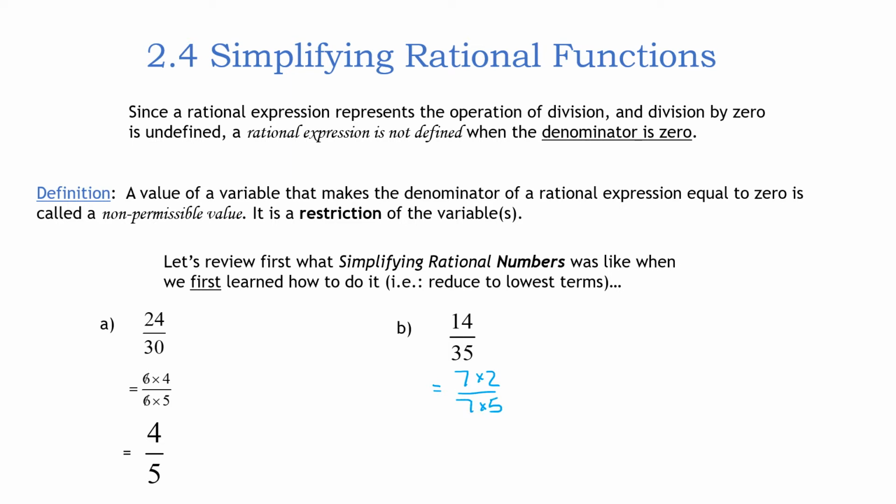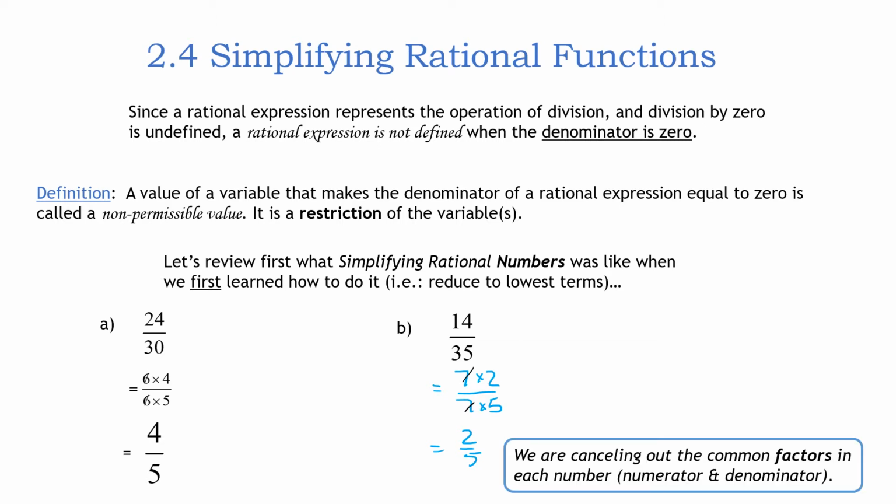So if I cancel out the 7's, I will end up with an answer of 2 over 5. So that's the process we're going to follow. We are canceling out the common factors in the numerator and denominator.